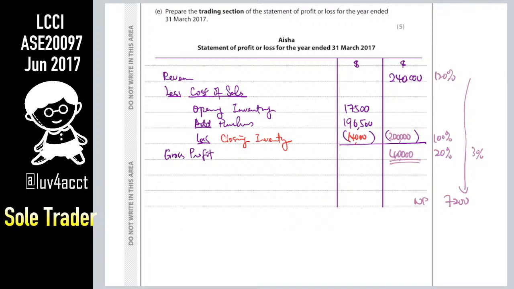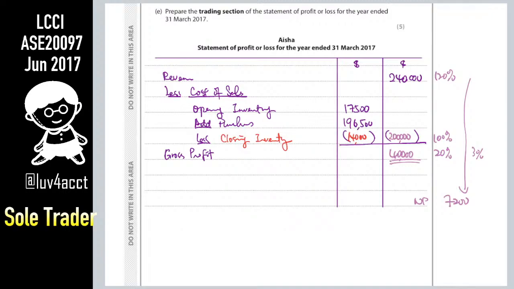I will always check, because if we calculate backward, it is very easy to make mistakes. Yes, correct.